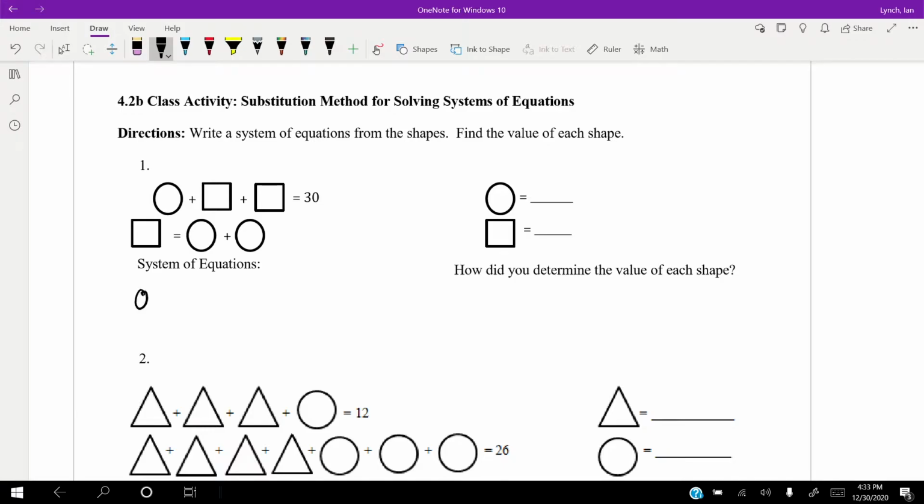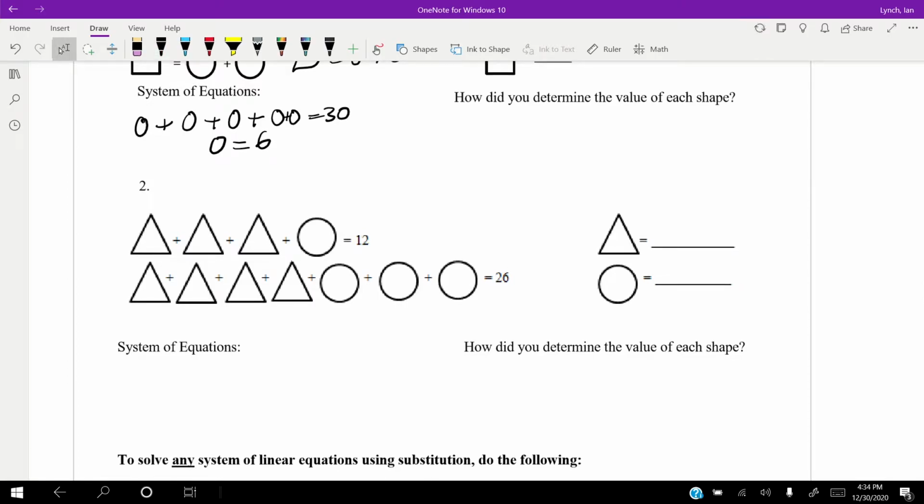So we're going to go circle plus 2 circles plus 2 circles equals 30. Well, 5 circles equaling 30, we're just going to divide by 5, and we get that 1 circle is just 6. So a circle is worth 6, which means that a square is equal to 6 plus 6, which means a square is worth 12.